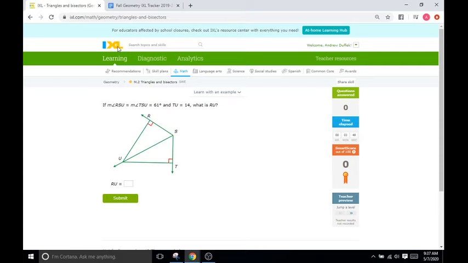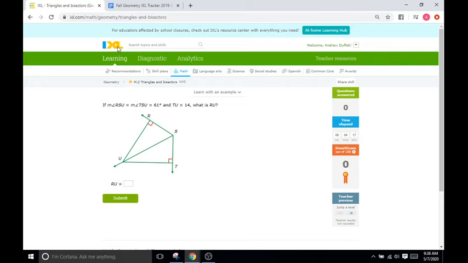So these might not look so easy, but trust me, they are pretty easy actually. So let's do the first one here. If the measure for angle RSU, so right here, is equal to TSU, which is right here. So it's saying if these two angles are equal over at S, and they are equal to 61, so 61 and 61, and TU, so this length right here is 14, what is RU?